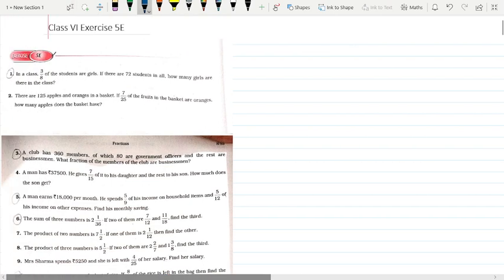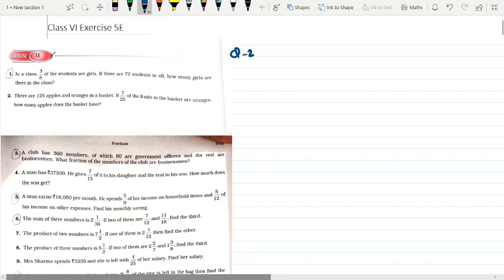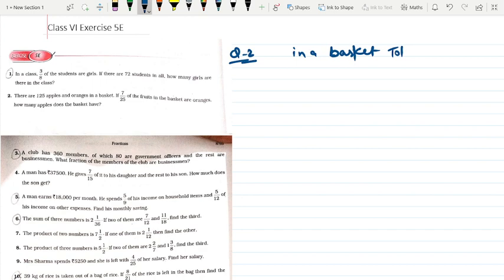Question number 2. In question number 2, there are apples and oranges. How many apples and oranges are in a basket? In a basket, total fruit equal to how many fruits? That is apples and oranges, 125.